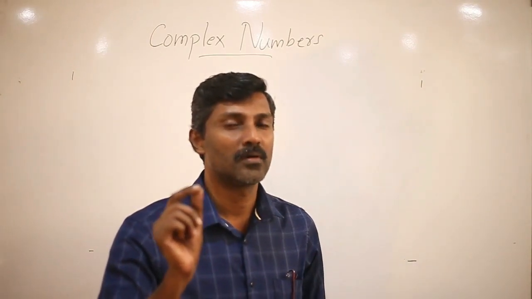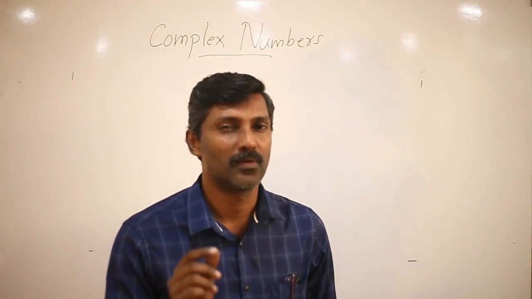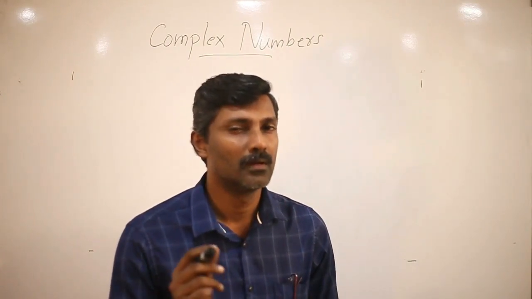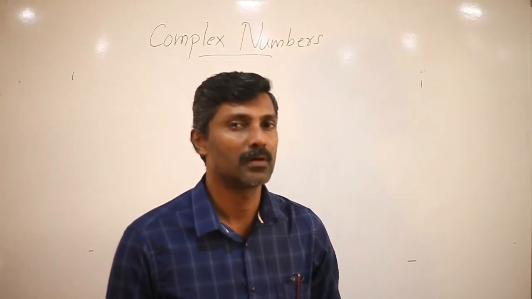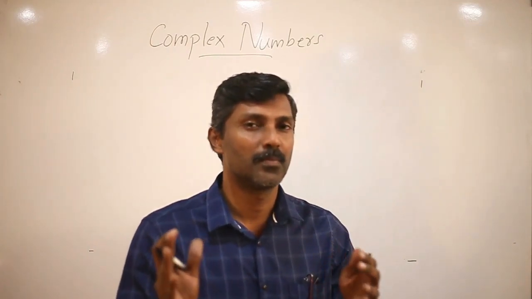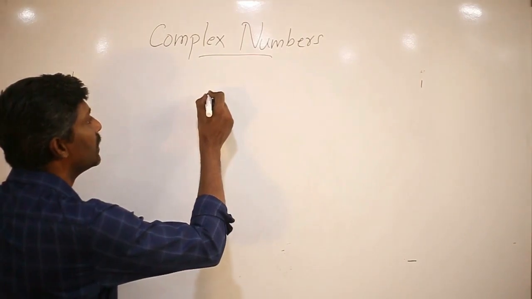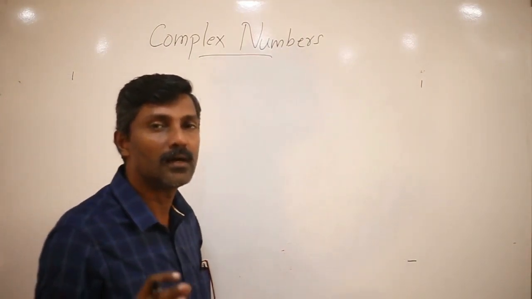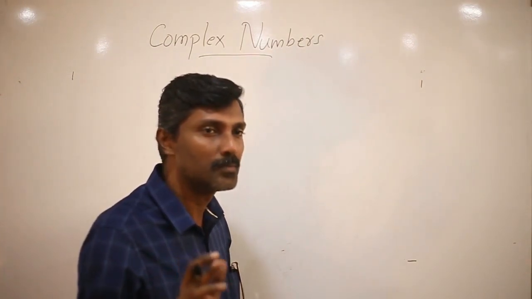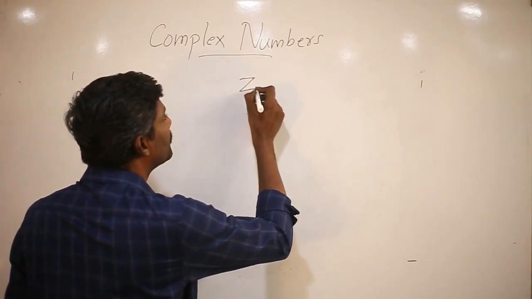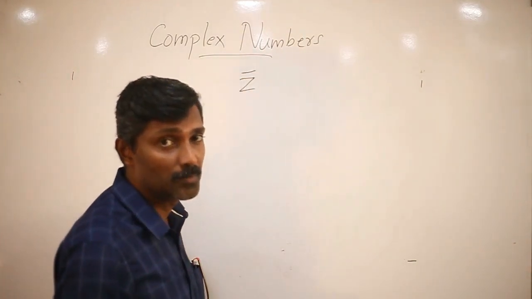Alright, so we have learned many things in complex numbers. Now a very important thing that you need to learn, a very important formula, I would say, a very important thing you need to memorize. It's very important when you do the problems in complex numbers. Okay, let's see what it is. We have told you that the conjugate of a complex number z is z bar, right?